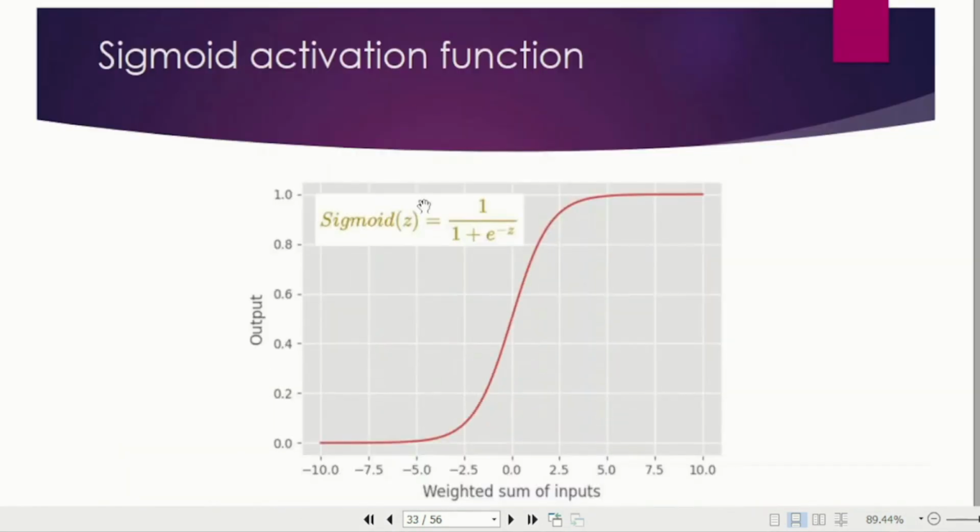First of all, we will discuss the sigmoid activation function. In the diagram it is very clear: the key feature of the sigmoid is that it is also called the logistic function and is used in logistic regression models.